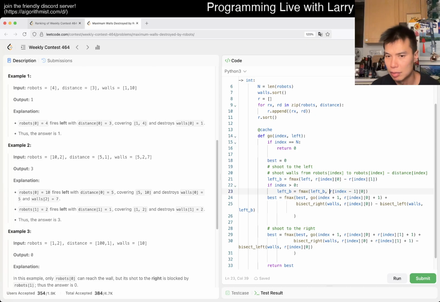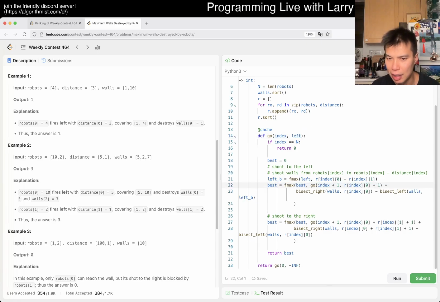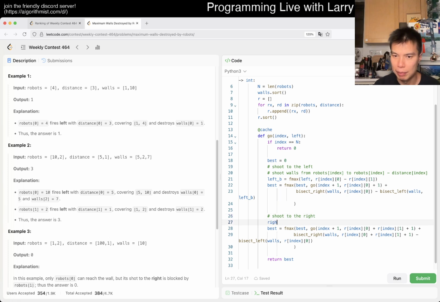I guess it doesn't matter, no, we should make it +1 because you don't want to shoot past the robot. I think the left actually takes care of it, so you cannot shoot past on the left side anyway. Okay, I don't think we need this because that's what the left side is for. The right side we don't take account of, and our assumption is that okay, fine, right boundary is equal to f min of this number.